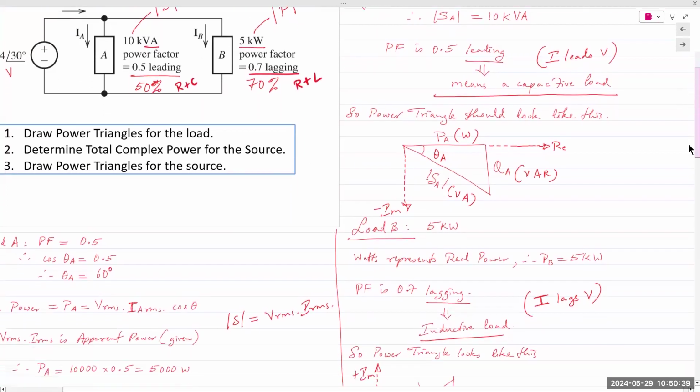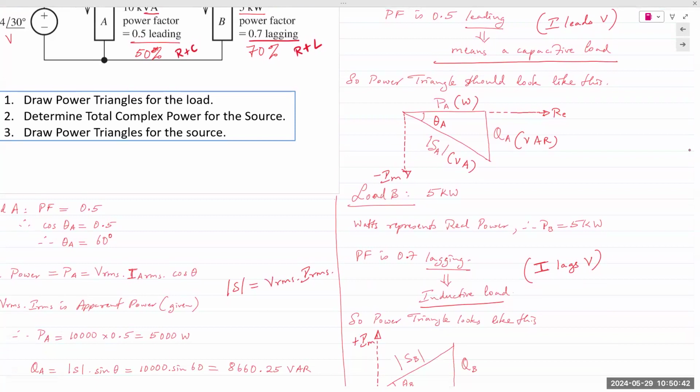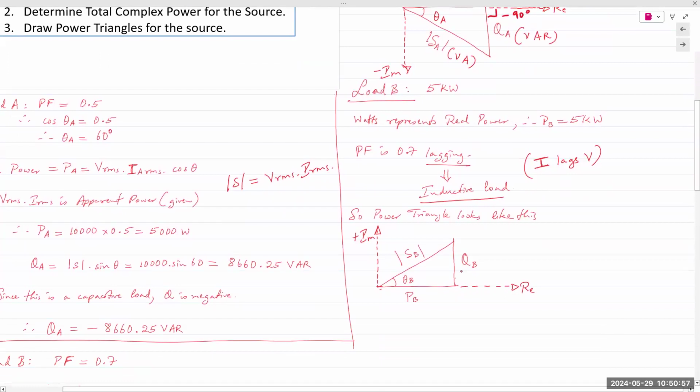And because it is a capacitor, Q_C points straight down, Q_L points straight up. So the power triangle for a capacitor will be below 0, so minus 90 degrees. And for an inductor it would be plus 90 degrees.